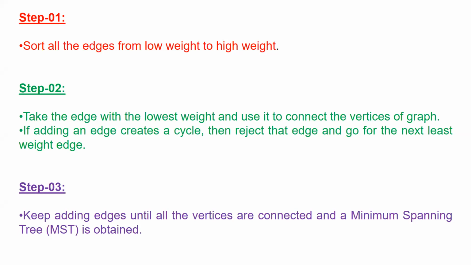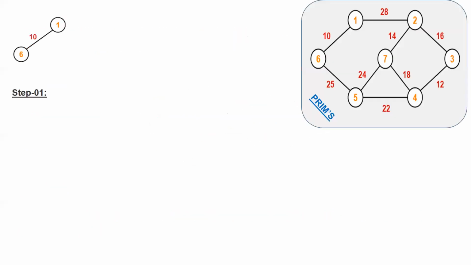Before going to Kruskal's algorithm, we shall have a brief and fast look at Prim's algorithm, which we had discussed in the previous session. I hope you all remember. This is the given undirected graph, and we are applying the concept of Prim's algorithm here.